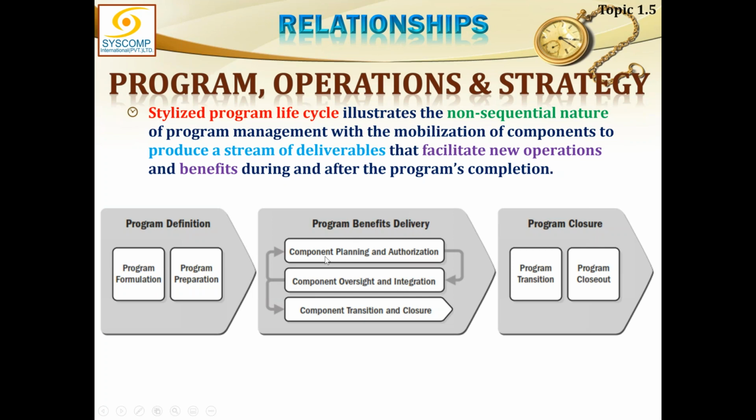Here your components are started, you oversee your components, and then they are transitioned and closed. Each of the components transitions its benefits to the program and is closed. Once those benefits are consolidated, they come for program transition, and ultimately the program will close out after transitioning to the customer.